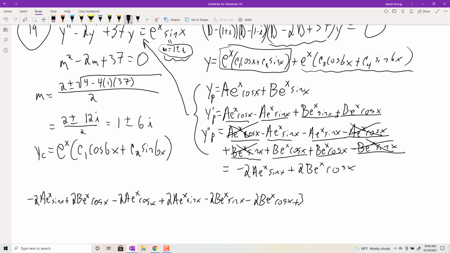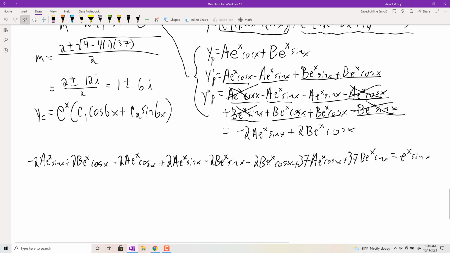Finally, plus 37 of the y's, so 37A e to the x cosine x plus 37B e to the x sine x. And then that'll equal e to the x sine x.